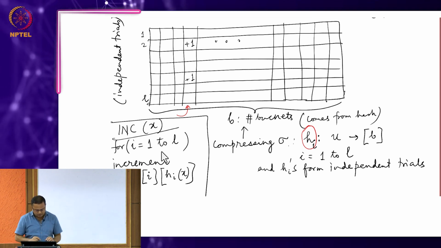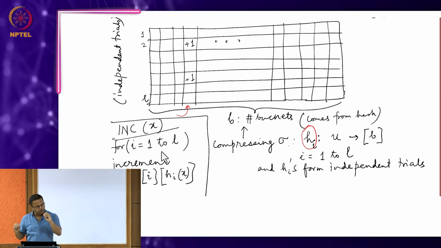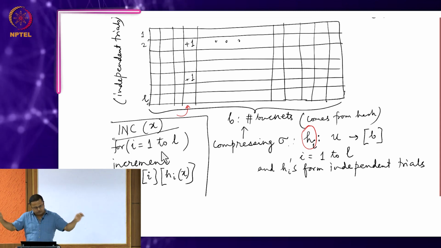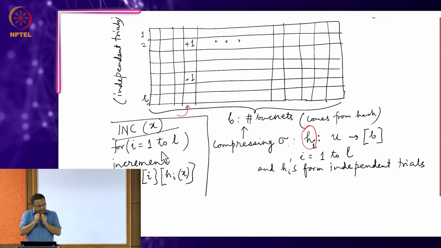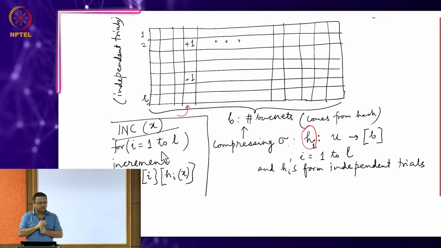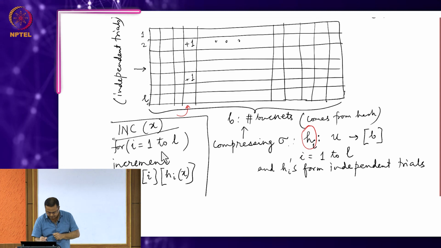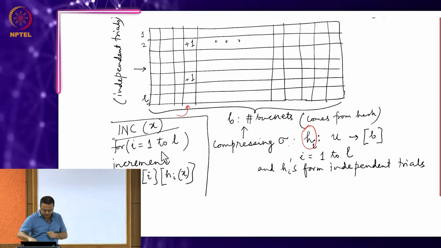Now see what is happening for an element. You fix an element in your stream, say an element A, and pass it through. Focus on a particular hi.